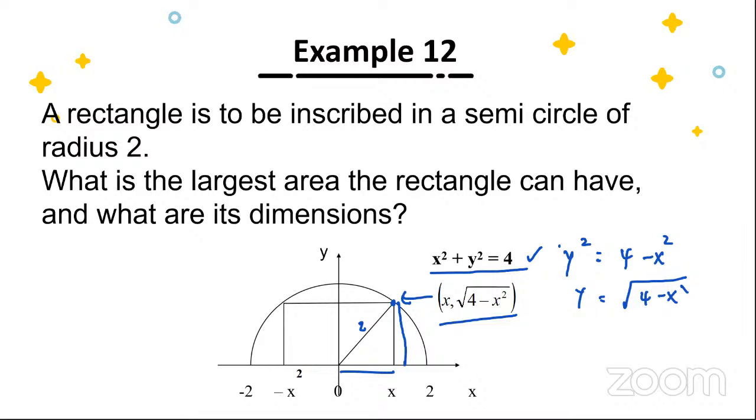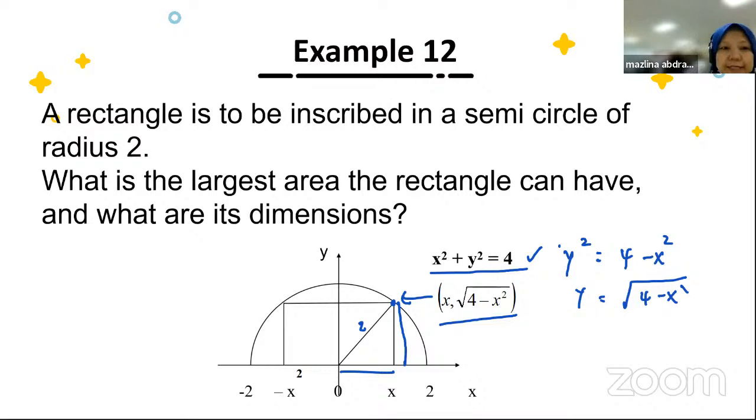From what I got, the maximum is at 0.816, meaning your x.